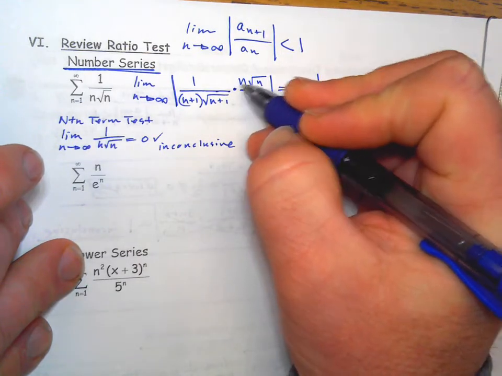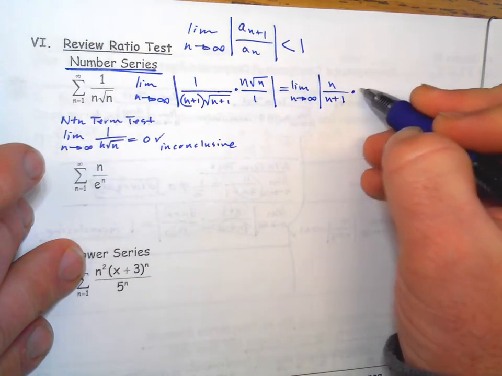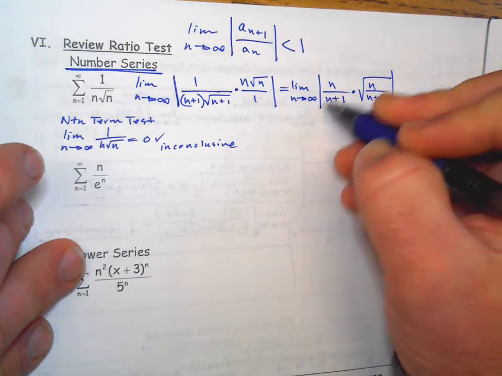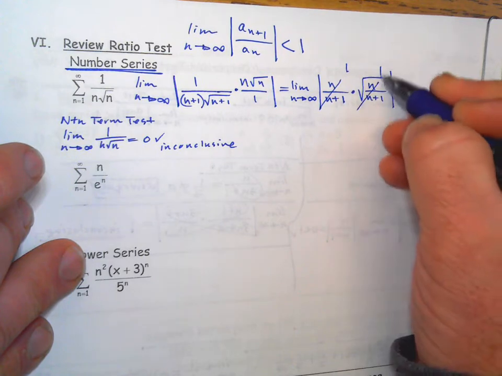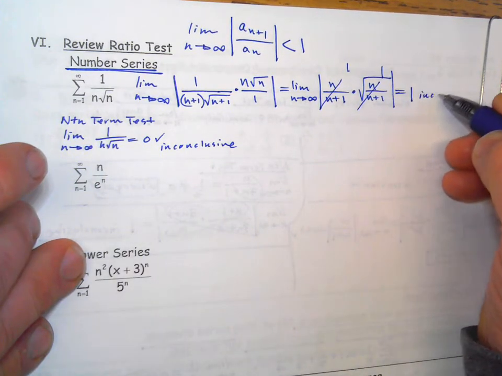Like we could put the n over the n plus 1 together, and then put the square root of the n over the n plus 1 together. Now, this is going to be infinity over infinity, but it's going to be 1. This one's also infinity over infinity, which is going to be 1. Square root of 1 is 1. We're going to get 1, which is actually inconclusive.